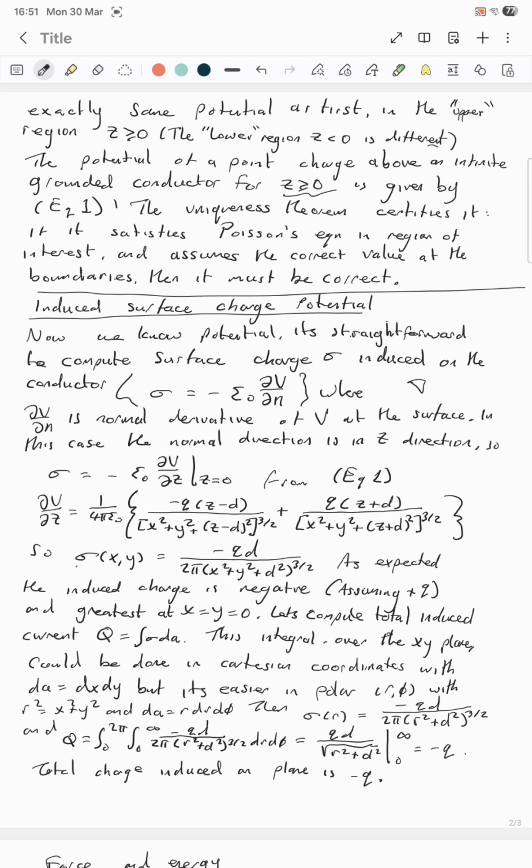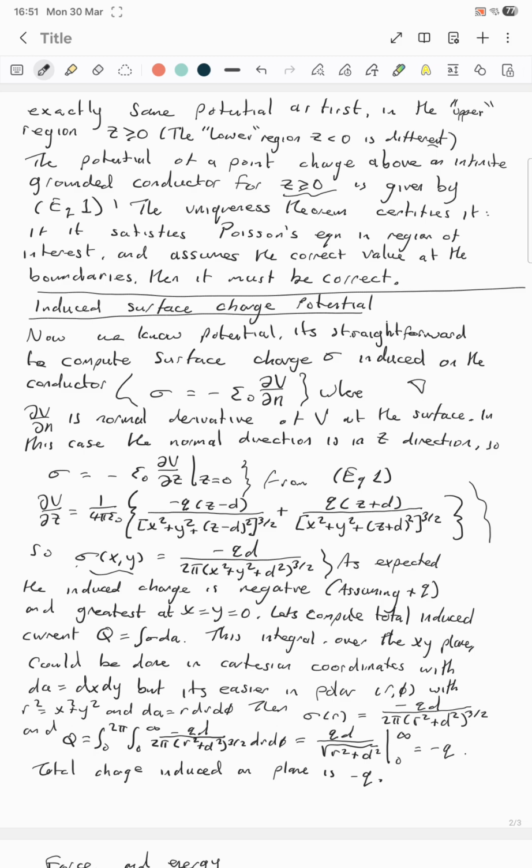In this case, the normal direction is the z direction, so we get this here. From equation 1, again, we'll get this. So our charge on the xy plane is given by this, as expected. The induced charge is negative, assuming a positive charge, and the gradient at x equals y equals 0.